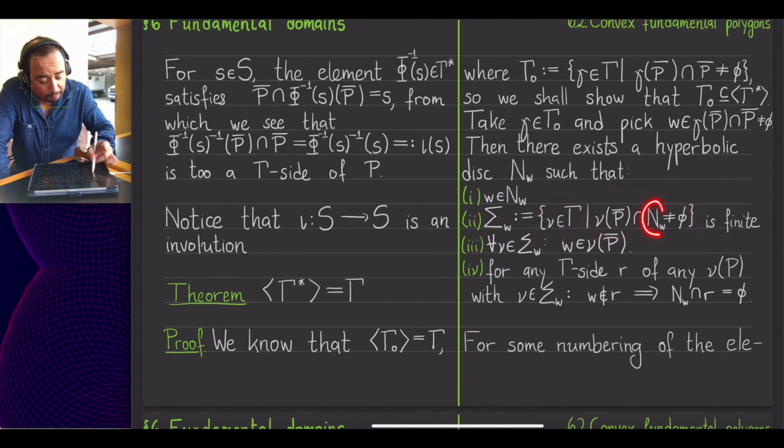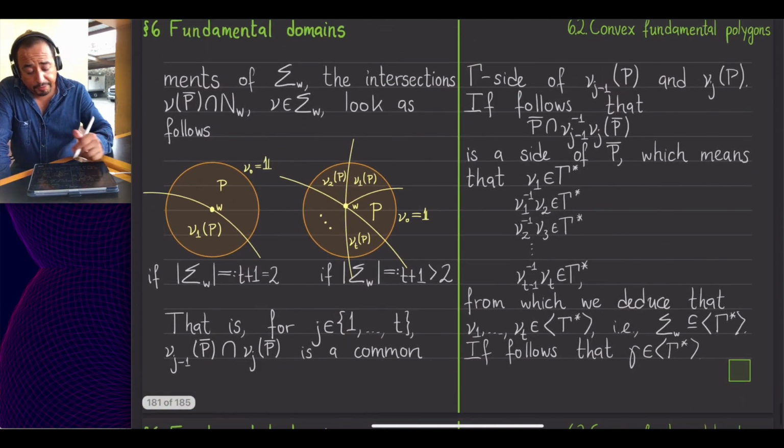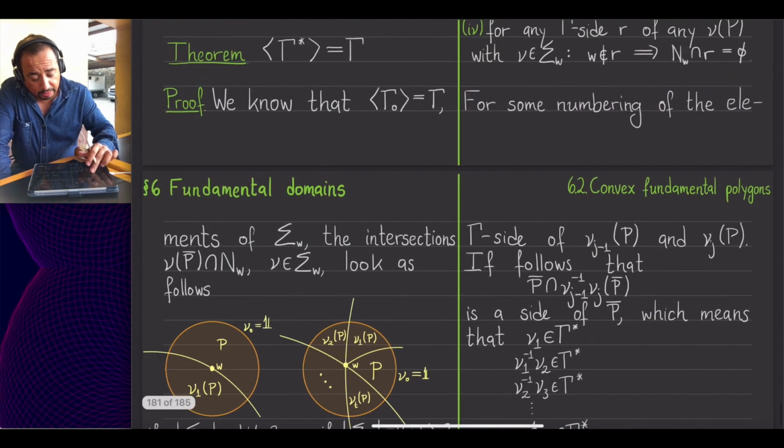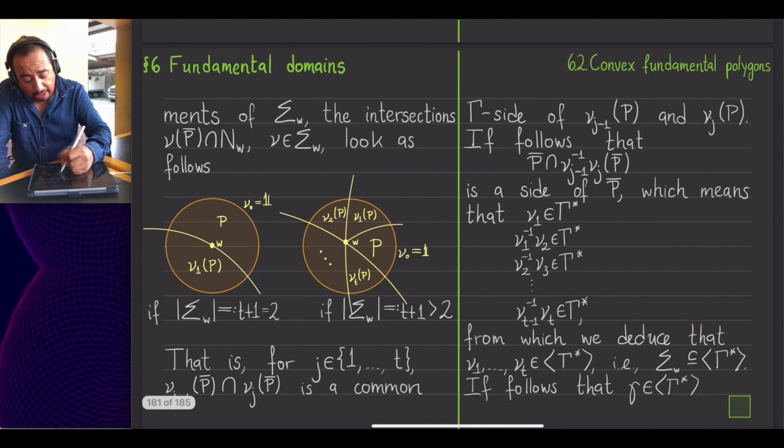So NW is really the union of all these intersections. Right, now the way we number the elements of sigma W is so that the images of P under consecutive elements of sigma W are neighbors, right?